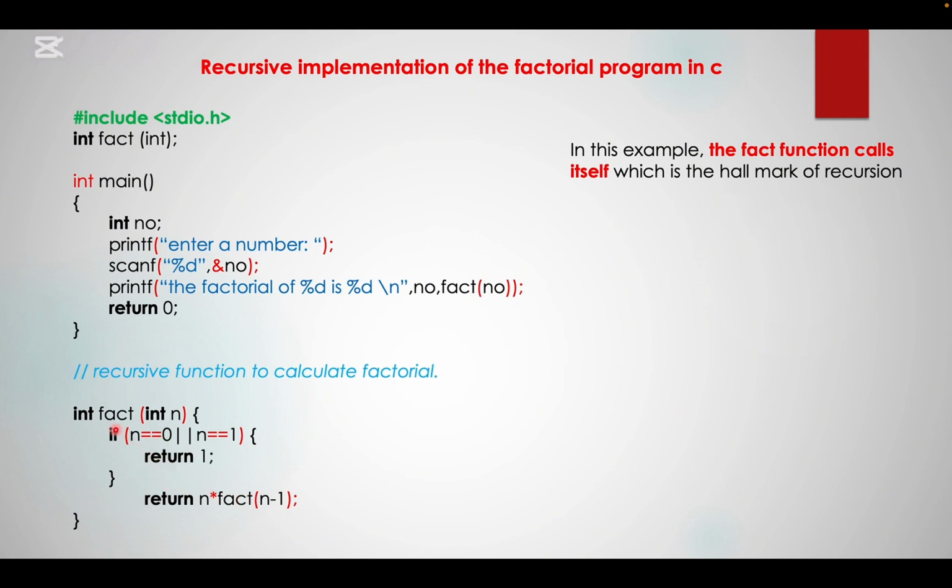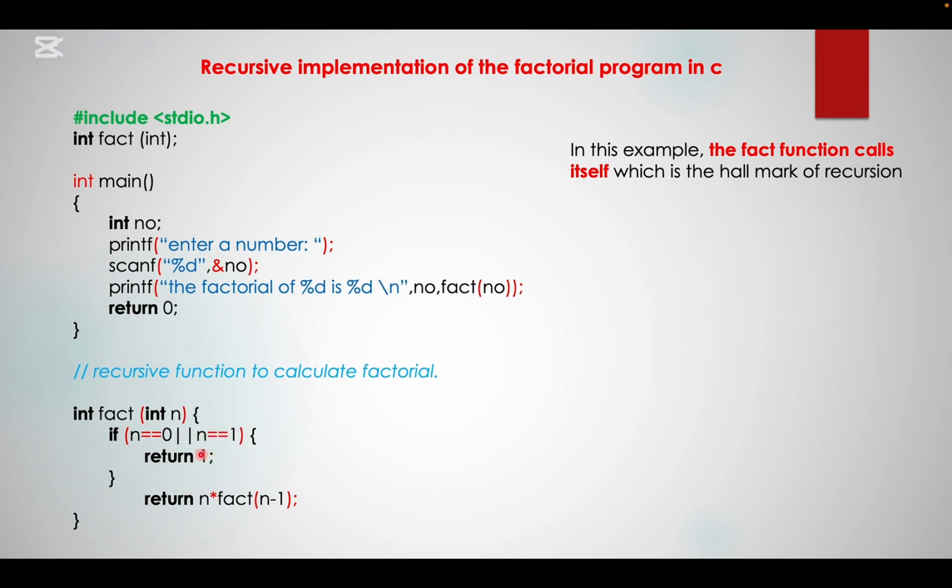So how does it work? This is the definition of the recursive function that we define here. We're going to say, if n is the variable that will be received from the user, so if n is equal to 0 or n is equal to 1, return 1.